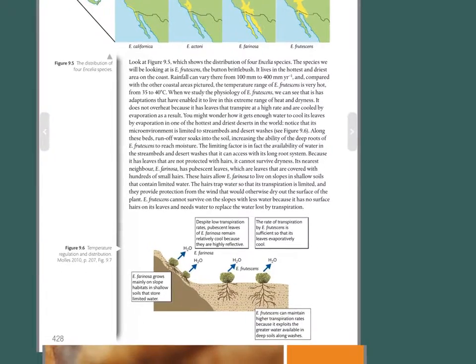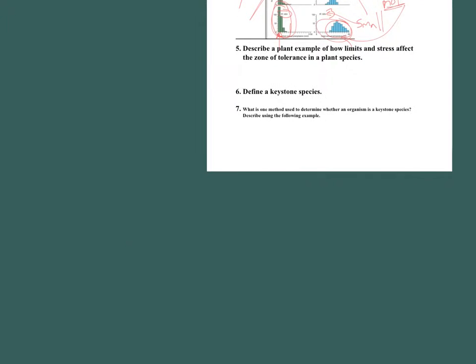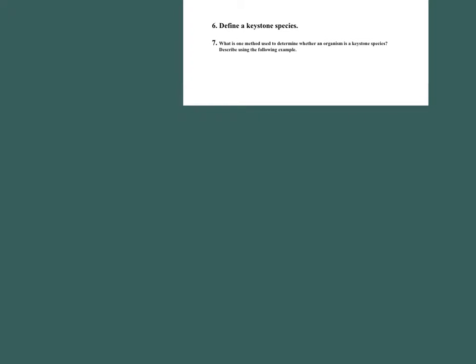So look at respiration rates and distribution, and that's similar to the other question that will be answered. So define a keystone, you guys can do that. What is one method to determine whether an organism is a keystone species? That is also in the text.